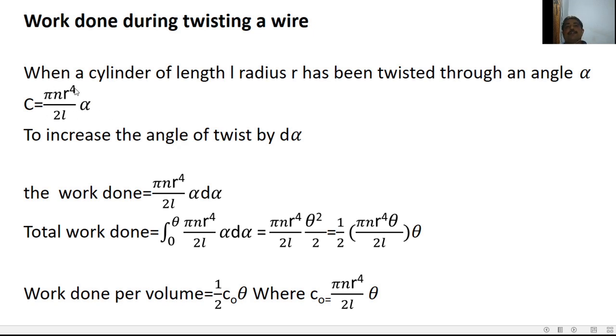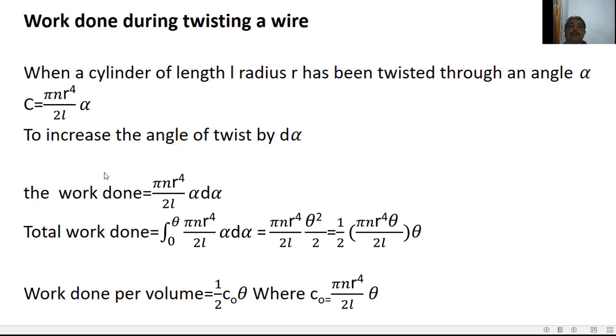When we apply the torque or a couple at the lower end of the cylinder, a restoring force or opposition force is developed inside the cylinder. That's why, in order to increase the angle further by an angle d alpha, we have to do external work against the restoring force.